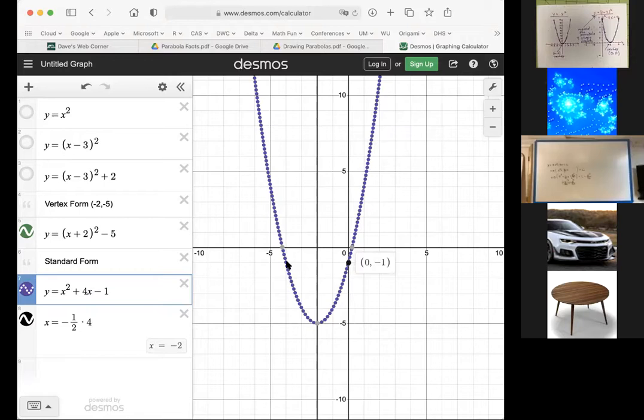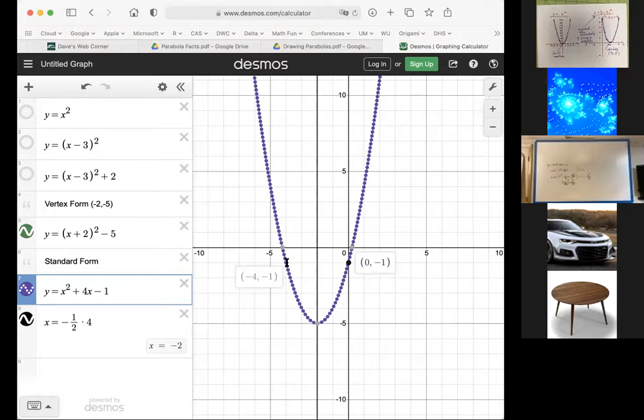So 2 steps to the left, I'm also at 1. That's -4 and -1. The symmetry is just throwing points at me almost faster than I can graph them. Okay, we're about to take a break.